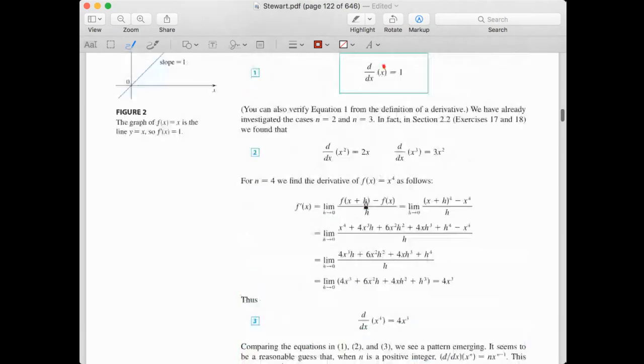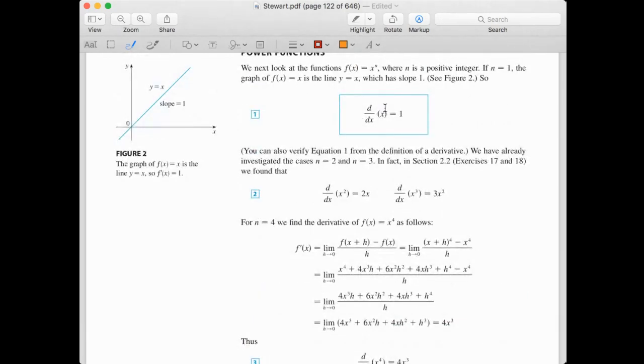So let's go back to this. The degree of x here is 1. So 1 multiplied by x, then 1 minus 1 equals 0. x raised to 0 is 1. 1 times 1 is 1. For x squared, we move 2 to be the coefficient. Then 2 minus 1 is 1, so we get 2x. x cubed, move 3 to be the coefficient.